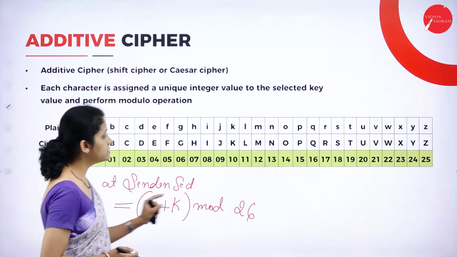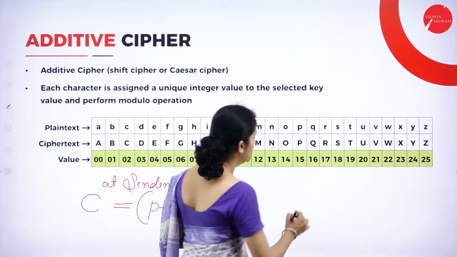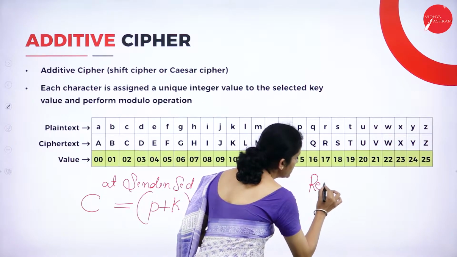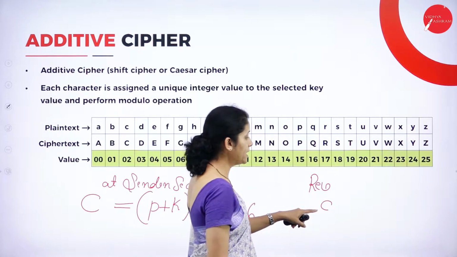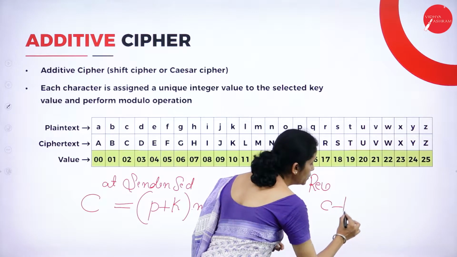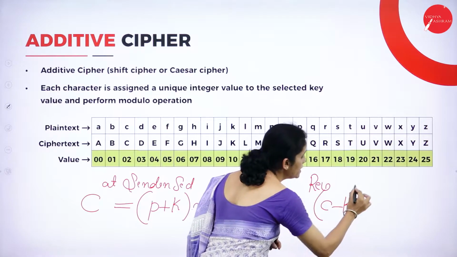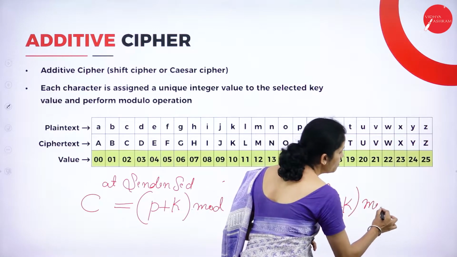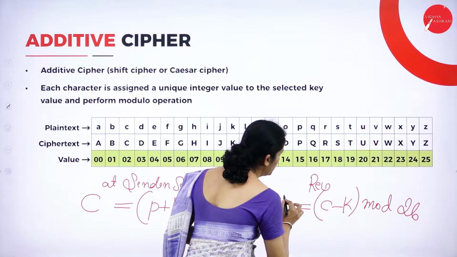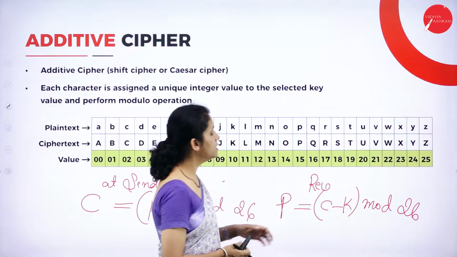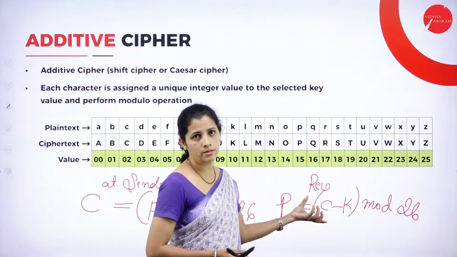And if I consider the receiver side, at the receiver side I'm going to have the ciphertext. From that, I'm going to subtract the key and perform mod 26 and I'm going to get the plain text. So this is the decryption algorithm.